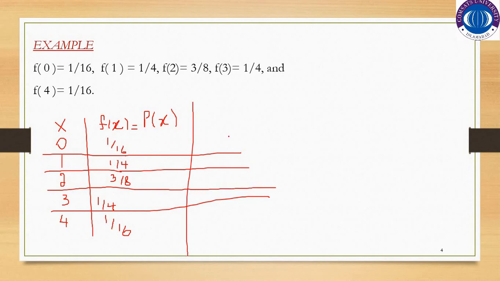So, we can find out probability x is less than or equal to x. This one is the cumulative probabilities. Like the first one is 1 by 16. Next one is 1 by 16 plus 1 by 4.